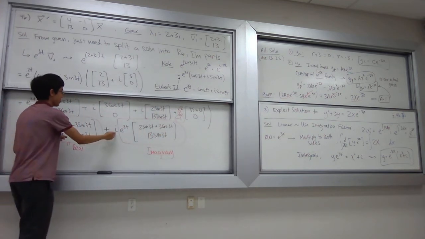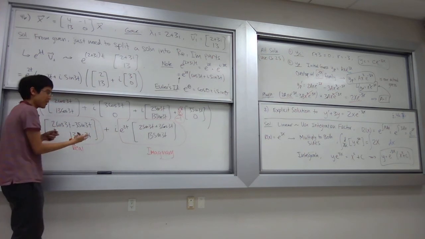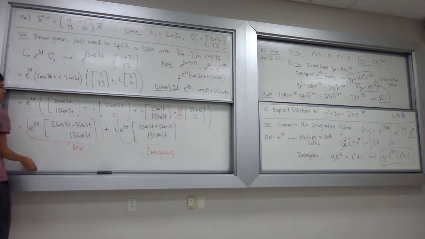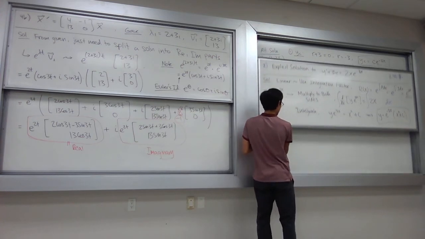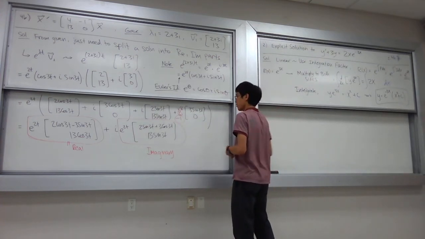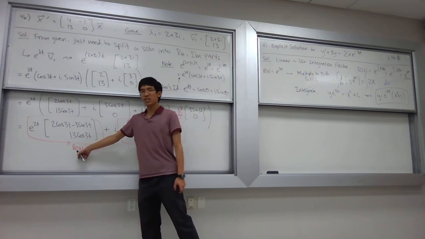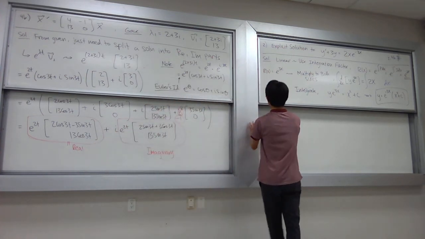When we're writing the solution, we don't want the complex thing, so drop the i. To finish it here, you just take C1 times the real part plus C2 times the imaginary part.